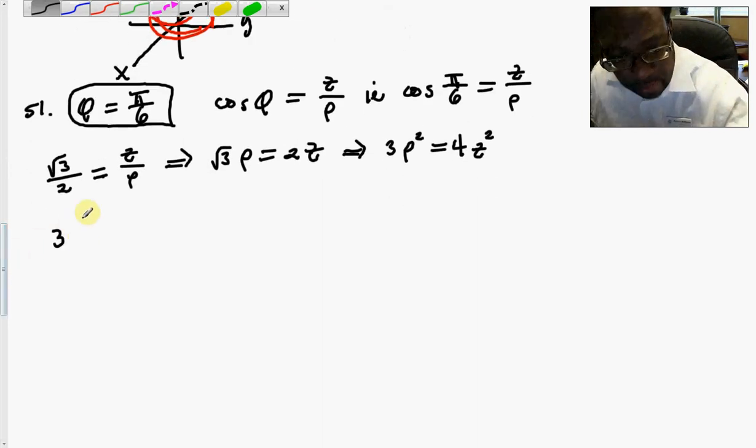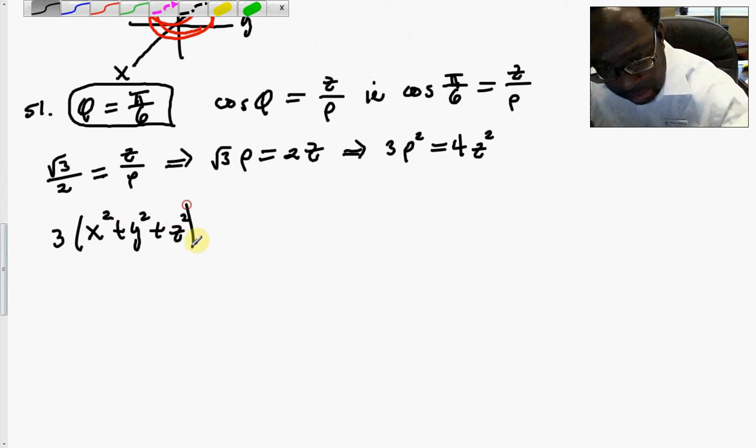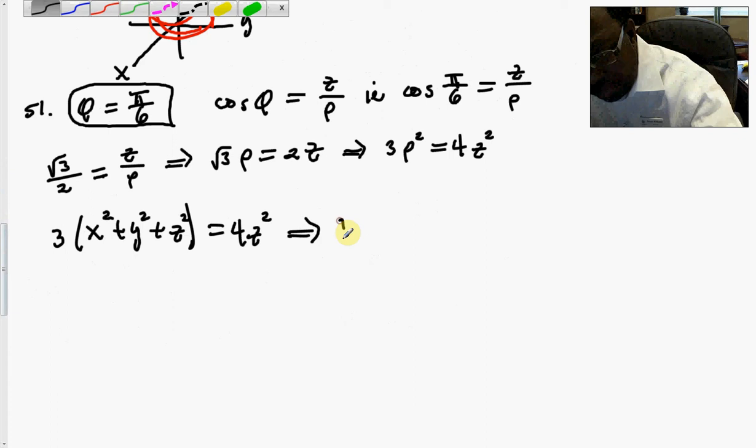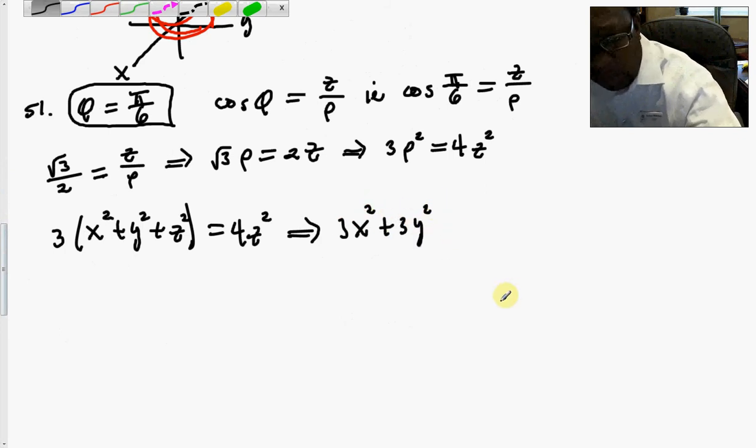So here we have 3 times x squared plus y squared plus z squared, and that's equal to 4 z squared. We simplify all of this, that gives us 3 x squared plus 3 y squared plus 3 z squared, minus the 4 z squared.